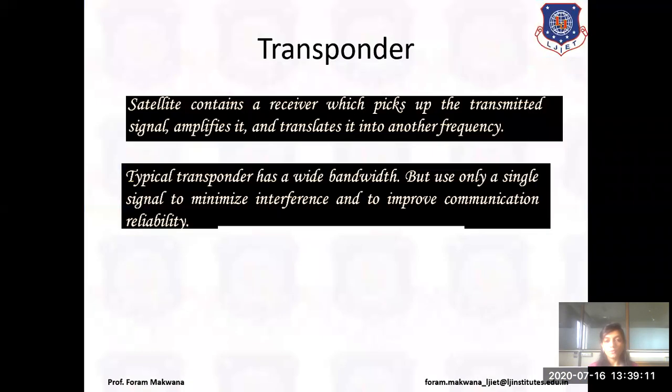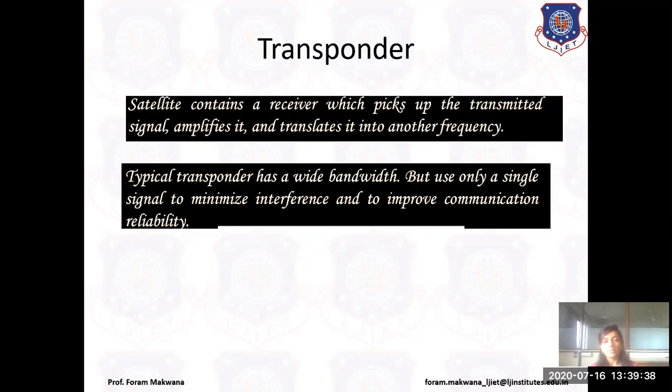Now, first of all, what do you mean by transponder? A transponder means a satellite which contains a receiver, which can pick up the transmitted signal, amplifies it, and translates it to another frequency. From session number 1, we have seen that there are two types of satellite, active and passive.